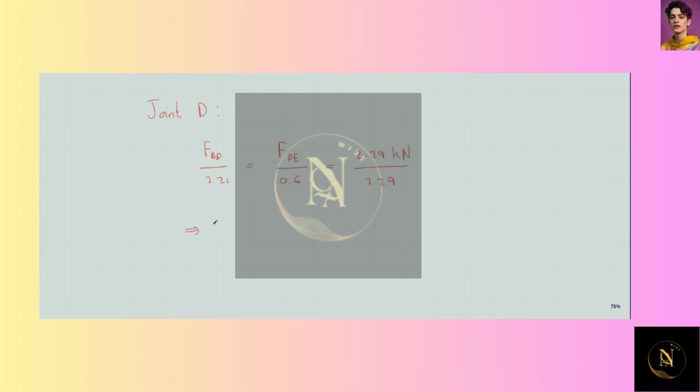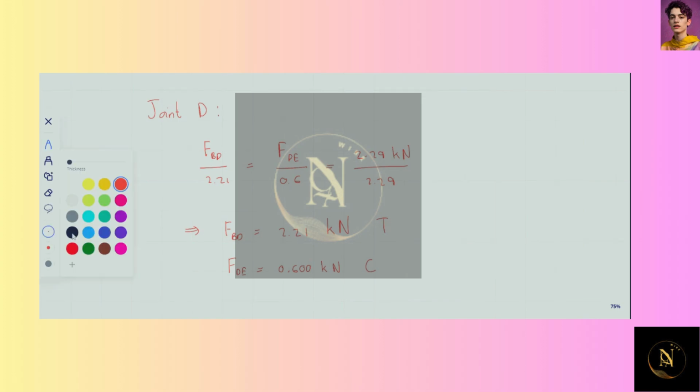So we can see that FBD is equal to 2.21 kilonewtons, and this is a tensile force. FDE is simply 0.6 kilonewtons, and this is a compressive force. So from joint D, we found two more of the forces.